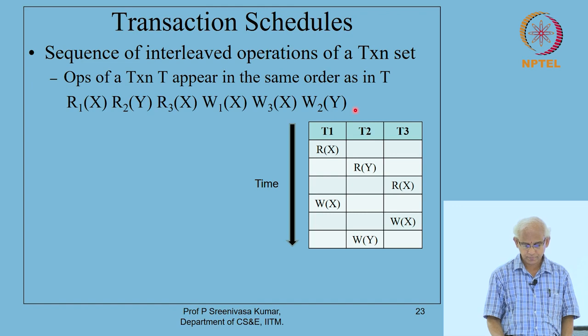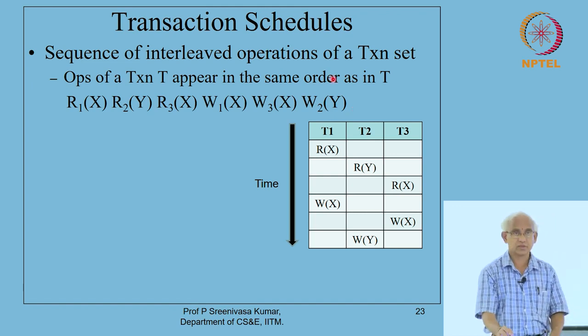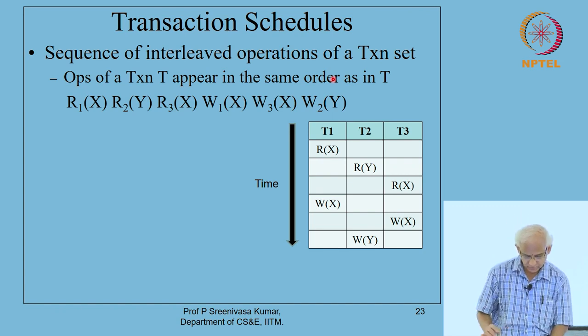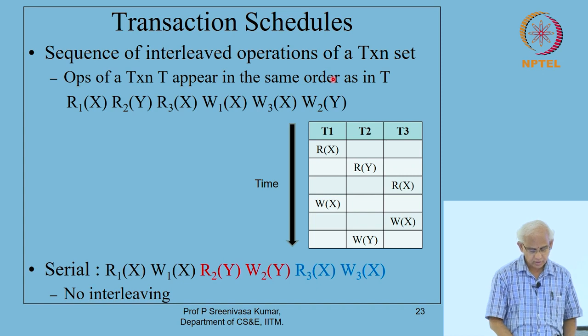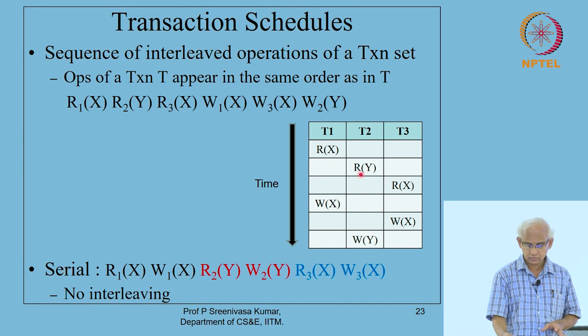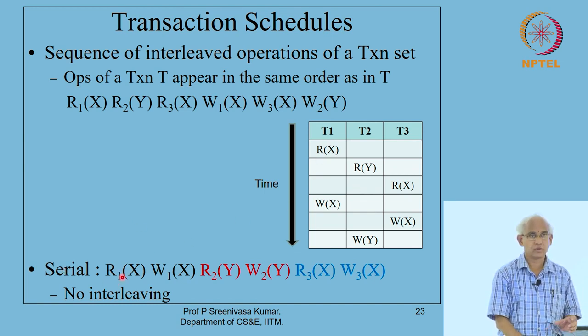Now, in the context of these transaction histories or schedules, there is another important thing. We call something a serial schedule. A serial schedule is where no interleaving happens. All the operations of one particular transaction come together.